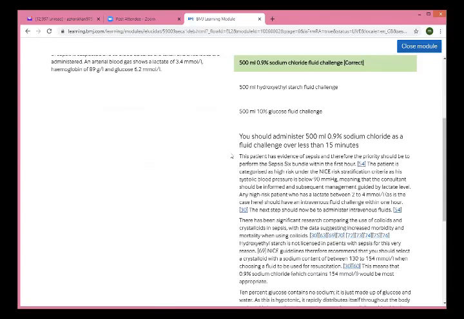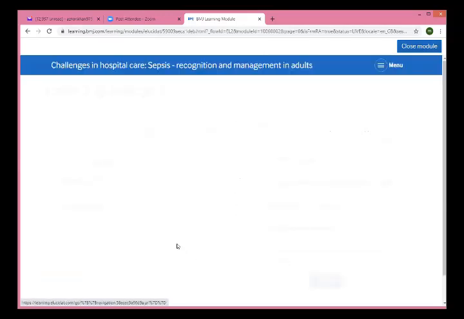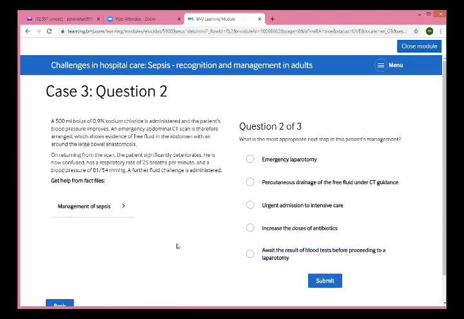So you give a fluid challenge, the rest of the things were done, and you monitor the urine output. 500 mL bolus of IV saline was given.